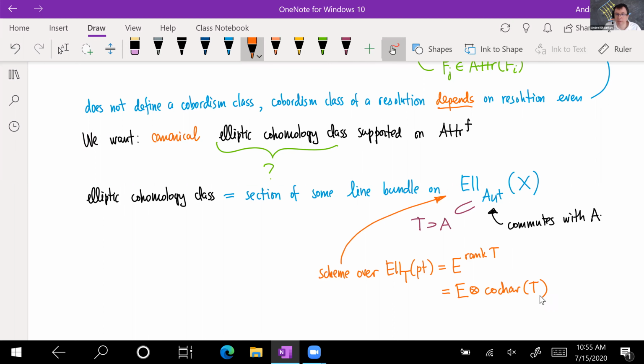Okay, it's a scheme. One can ask for a section of a line bundle. In ordinary cohomology or K-theory, those are rings, and an element of cohomology or K-theory is a function on the spectrum of that ring. Now in the elliptic situation, we don't have a ring.